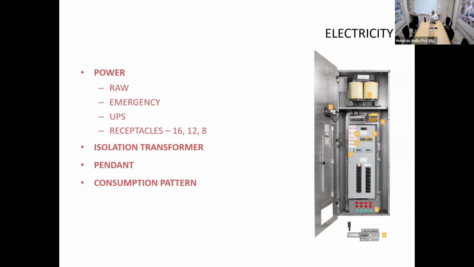So we have 4 walls. Therefore, these 8 that you see at the right are power receptacles that go on the walls. The 16 and 12 that you see are largely determined by the requirement of the anesthetist. The most intense requirement is for the anesthetist, which is 16, and 12 for the surgeon's pendant. This, of course, is variable, which we'll see again in a subsequent slide.